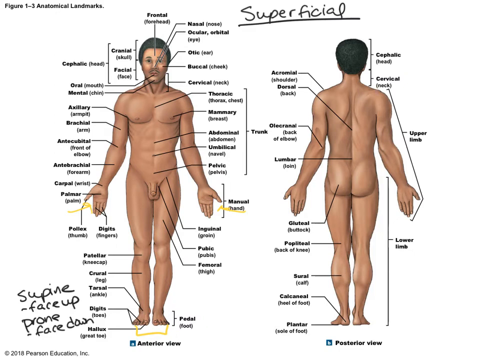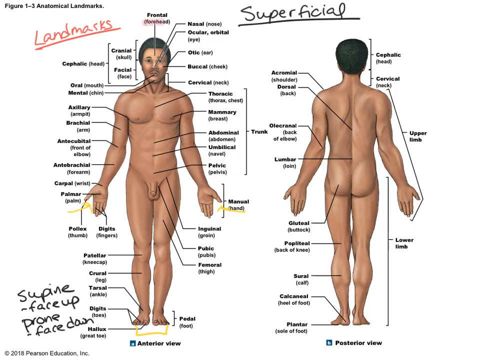What you're seeing here on these two pictures are anatomical landmarks. These are landmarks that we can see on the outside of the body. And so what you need to do is memorize all of the medical terminology. When you look at this picture, you're going to see that next to the anatomical terminology, you'll see another term that's in parentheses.